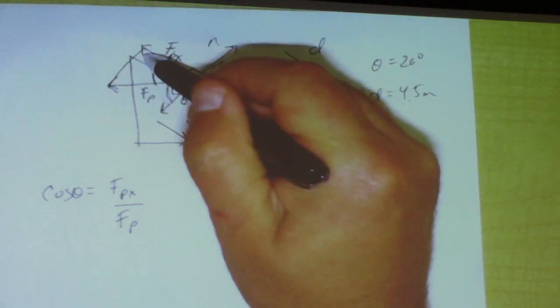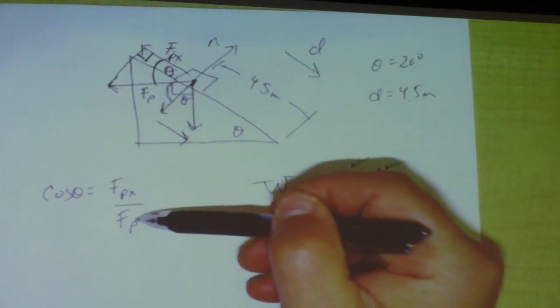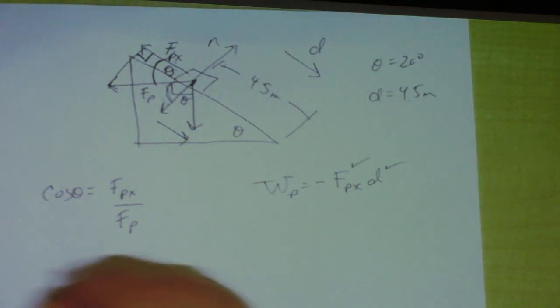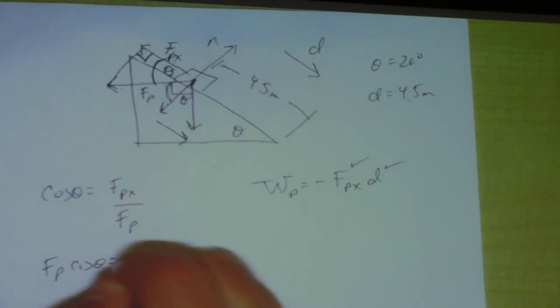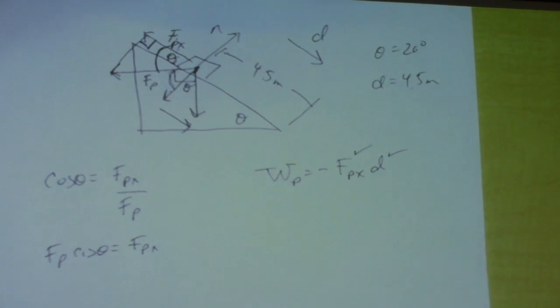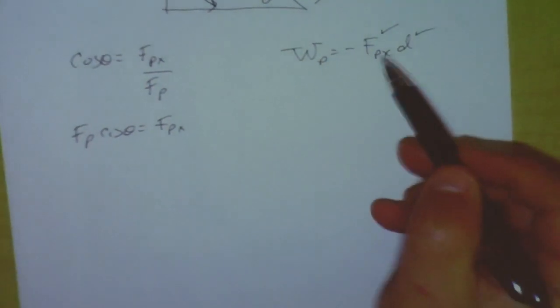This is 90 degrees, so this is the hypotenuse, force by Paige. So force by Paige cosine theta is what force by Paige in the x direction is. And that's what I need for the formula here.